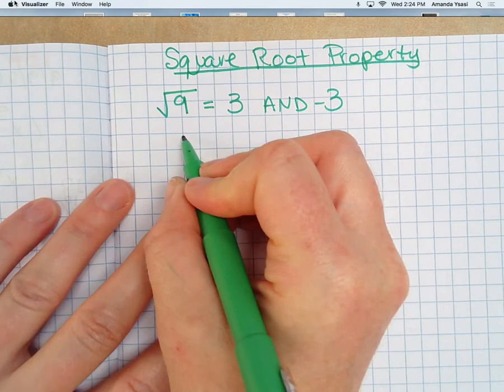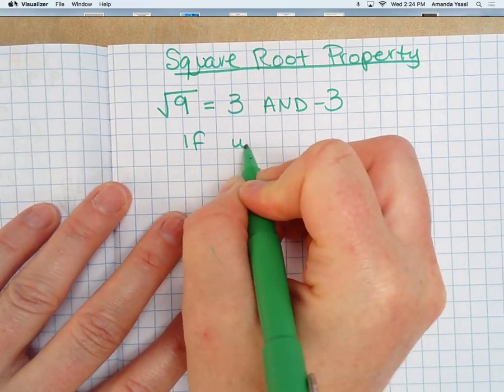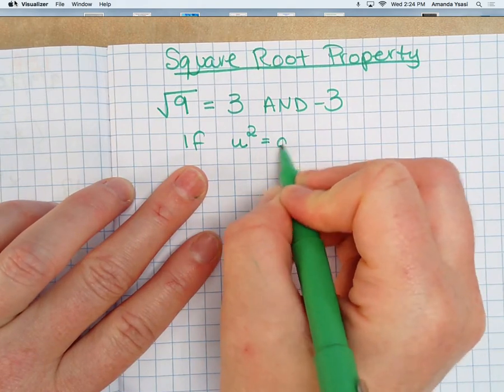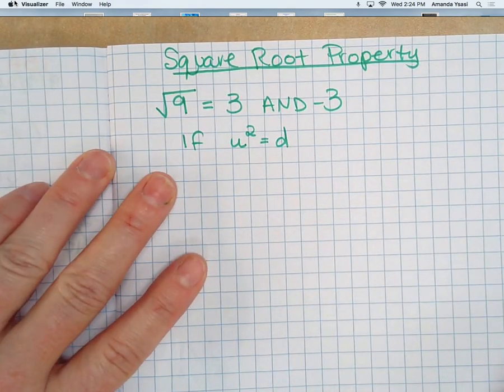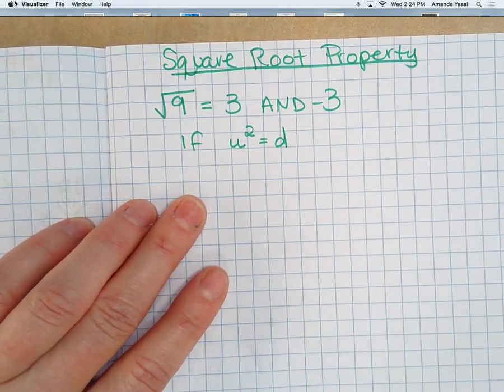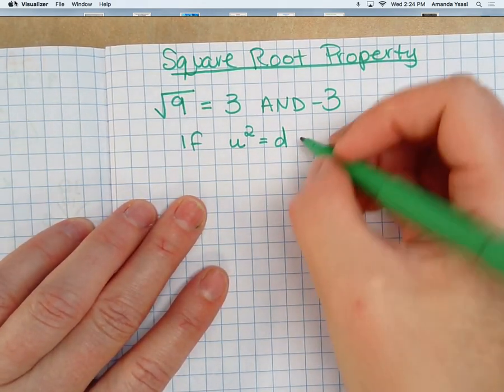So our property is, if some value or some variable u squared equals d, and I want to solve for u, then I have to undo the squared. The way you undo the square is take the square root.